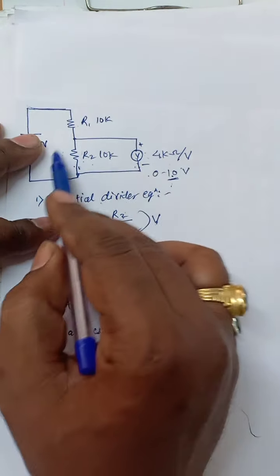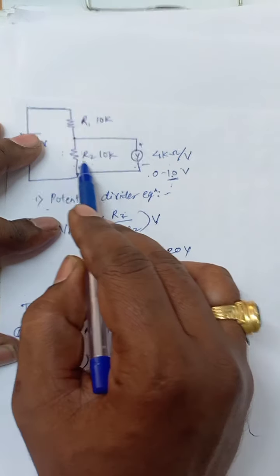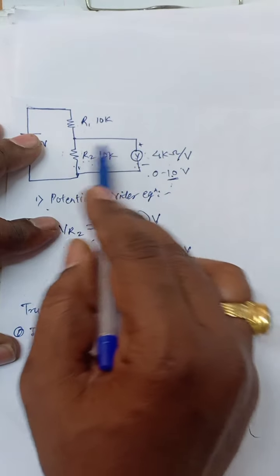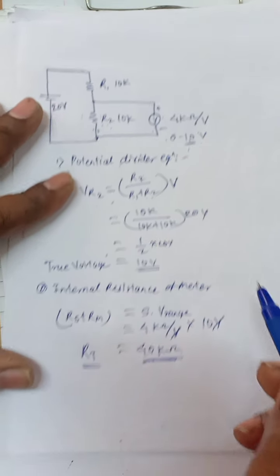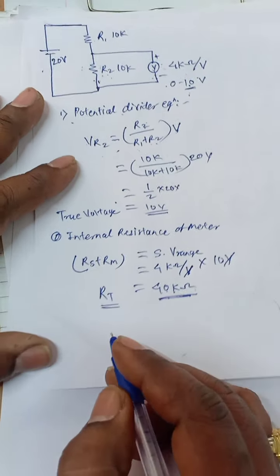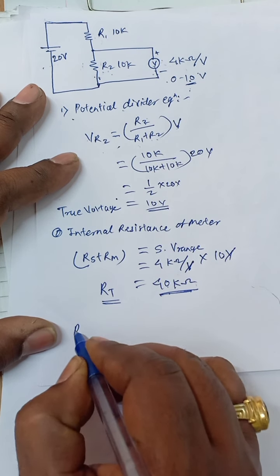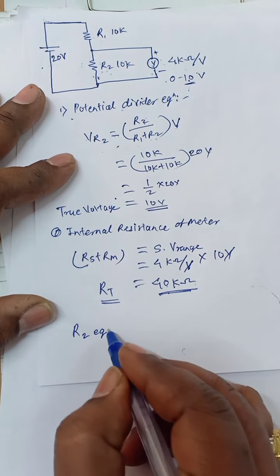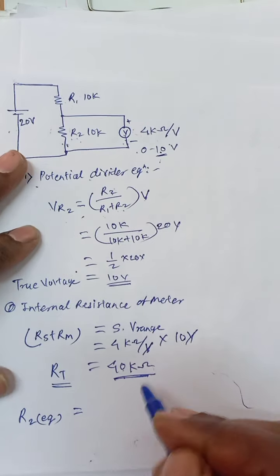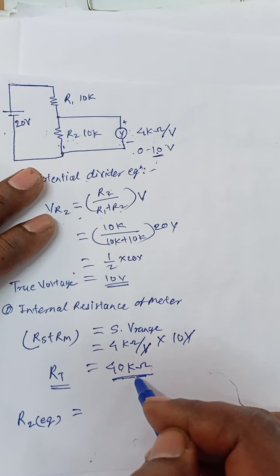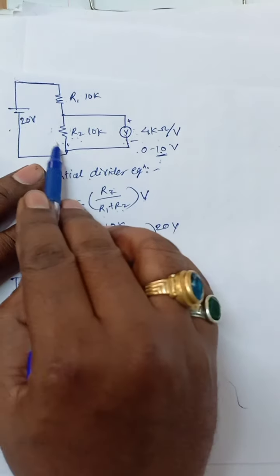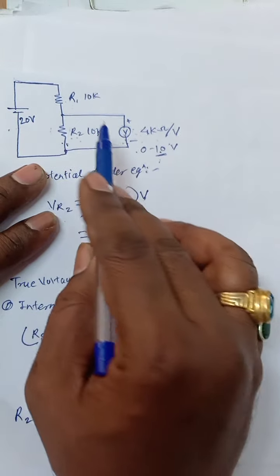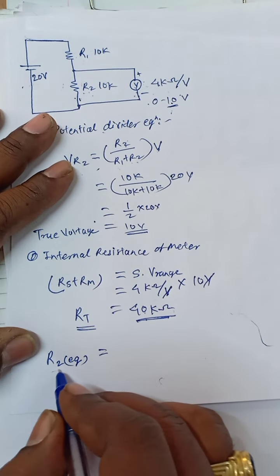So this 40 kilo ohm is connected across this 10 kilo ohm. Now we are going to find the equivalent resistance of this parallel combination, R2 equivalent. When the 40 kilo ohm internal resistance of the meter is connected across R2, the parallel combination becomes R equivalent.